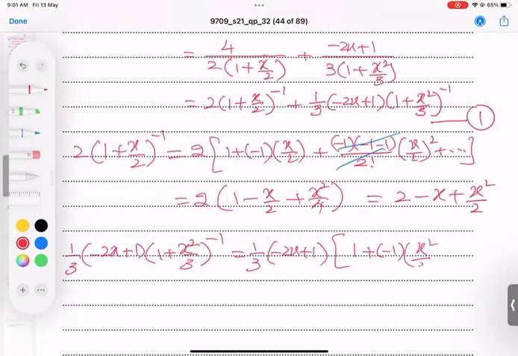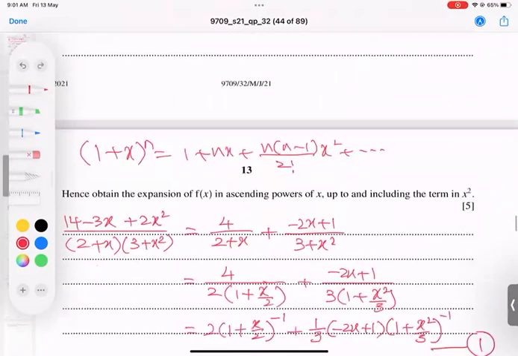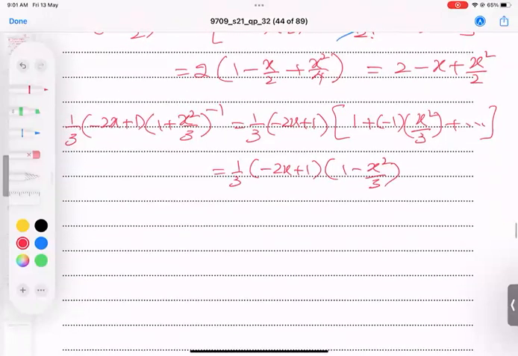No need to go further. Why? Because power 2 gives you 4, but we need power 2 only. You can see it is power 2. If I apply even the formula, it becomes 4. 1 over 3 negative 2x plus 1, 1 minus x squared over 3. 1 over 3, negative 2x, okay, this multiplied with 1, I get negative 2x.